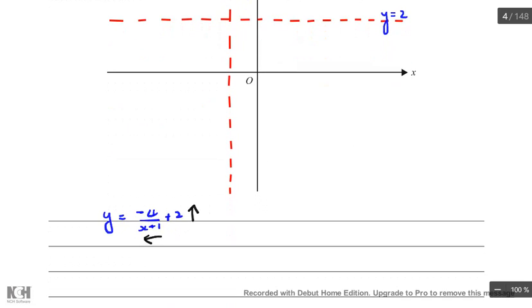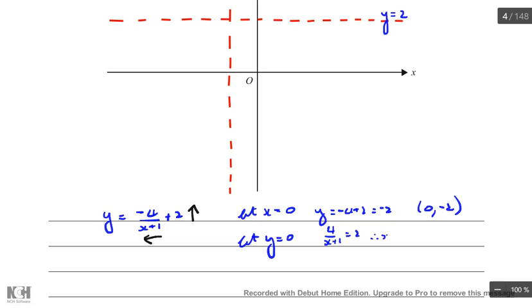So all we really need now is the axis intercept. If we think about when x is 0, y is going to be negative 4 plus 2, negative 2. So we've got a y-intercept at 0, negative 2. If we let y equal 0 and just look at the equation, that means 4 over x plus 1 would have to equal 2.